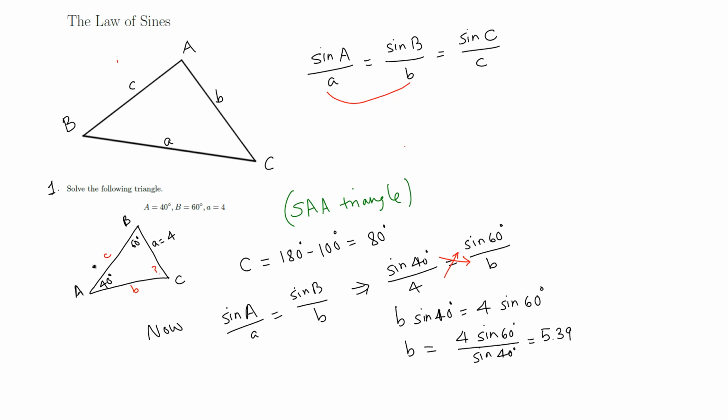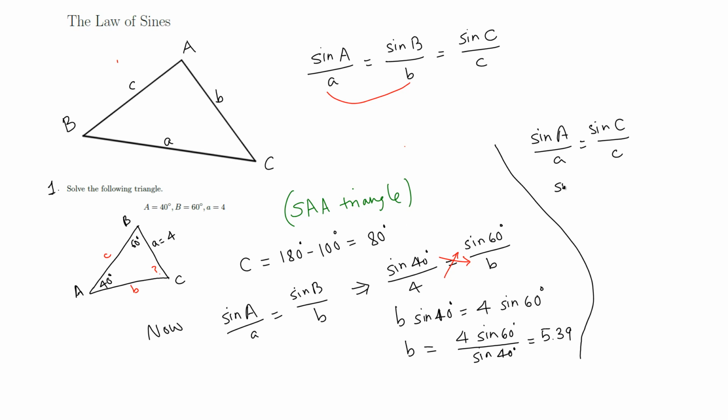Okay, so the unknown is now c. If we go back and look at the law of sines, we can use any two ratios, but lowercase a was given in the question, so we're going to use this. Let's use first and third just to find lowercase c. So sine A over a equals sine C over c, where a is 4.